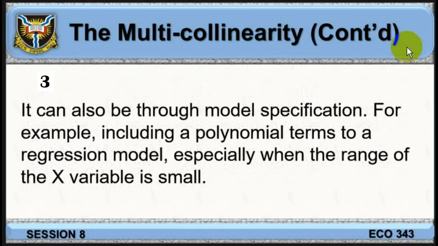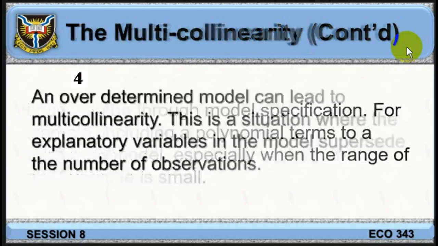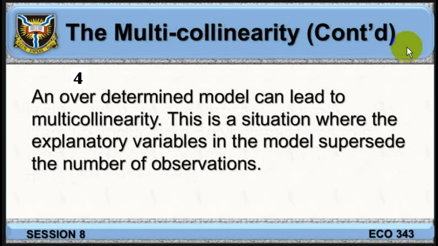It can also be model specification, for example, including polynomial terms in a regression model, especially when the range of the x variable is small. 4. An overdetermined model can lead to multicollinearity.